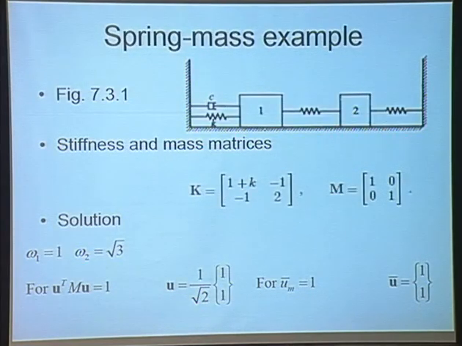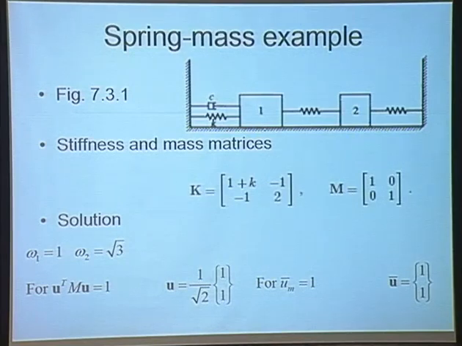So let's look at example 7.31. What we have here is two masses and three springs. Forget about the dashpot. The dashpot is there because in a later part of this section, we look at derivatives of damped frequency.